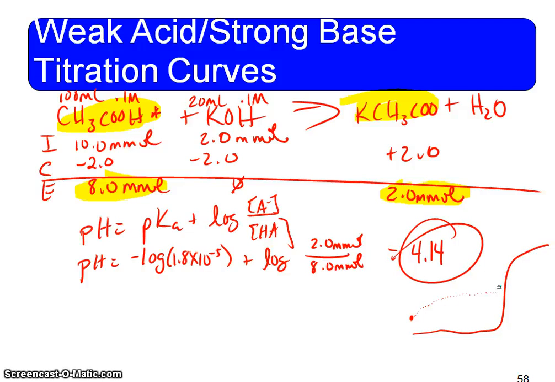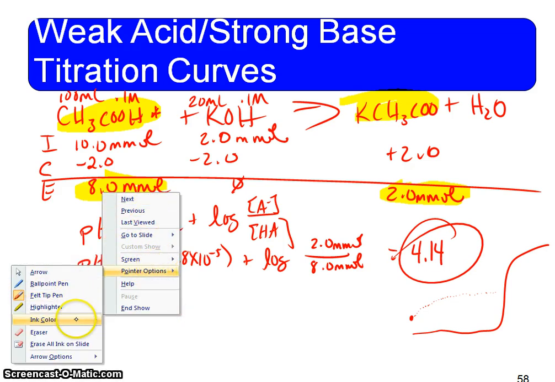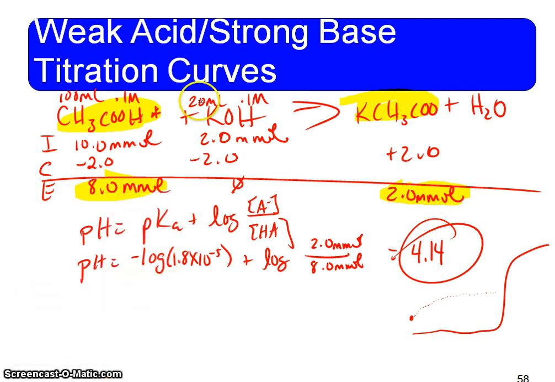So let's say we added 90 milliliters of KOH. If we added 90 milliliters of KOH, we still have a buffered solution. If I change this to 90, that changes this to 9, this to 9, and that to 9. Sorry I didn't erase it. I'd be left with how much here? 1.